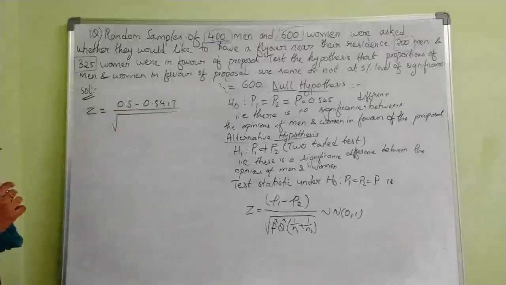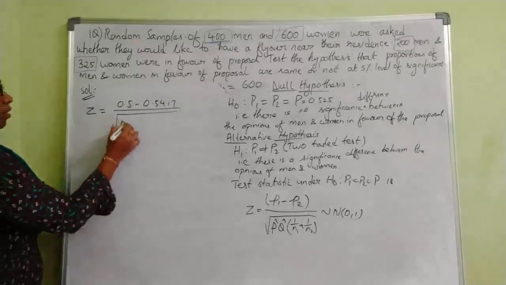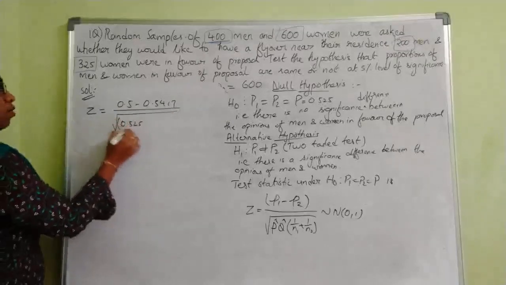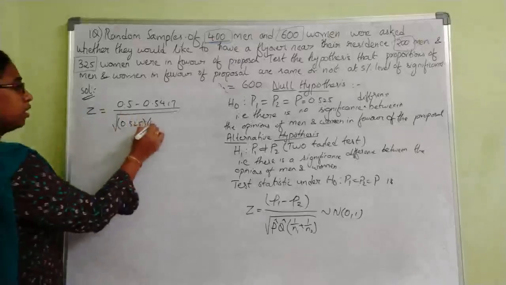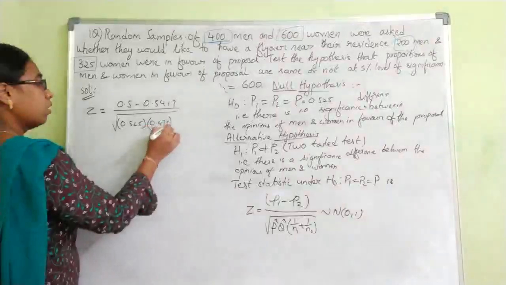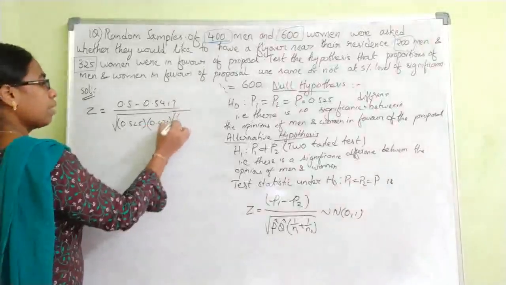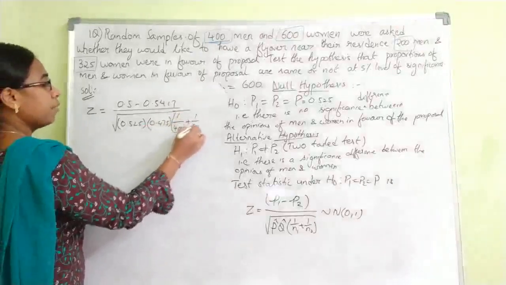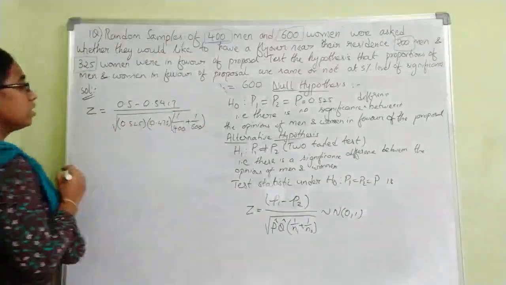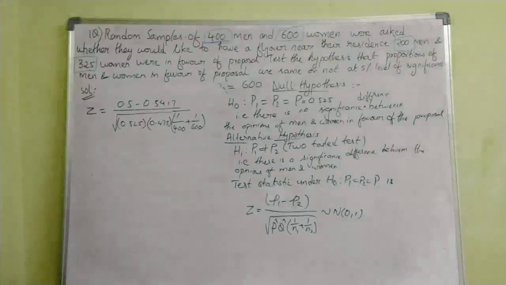So capital P hat value, we got it as 0.525 into Q hat value, we got it as 0.475 into 1 by N1 is 400 plus 1 by N2 is 600. So now solve this. 0.5 minus 0.475 divided by this complete answer.